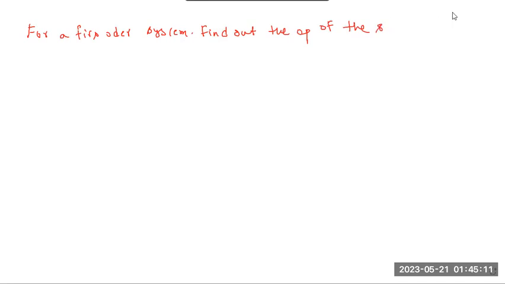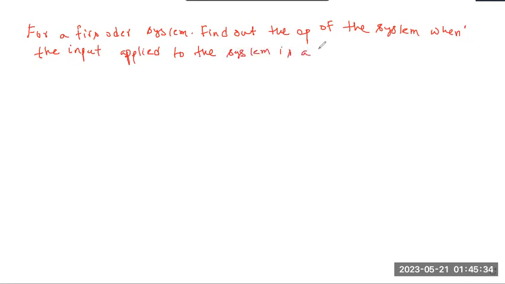Okay, here it is also writing a bit, so I'll drag it down. Find out the output of the system when the input applied to the system is a unit ramp function.